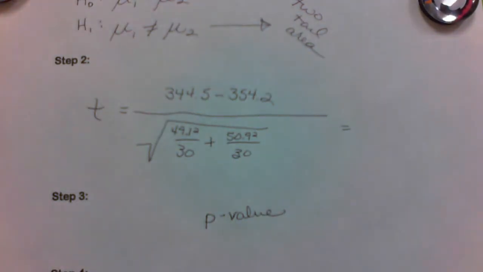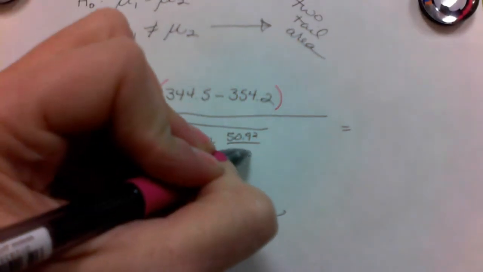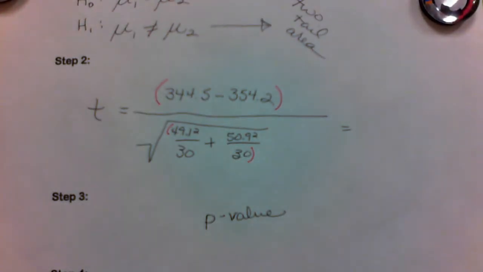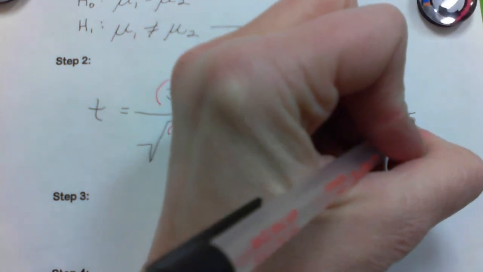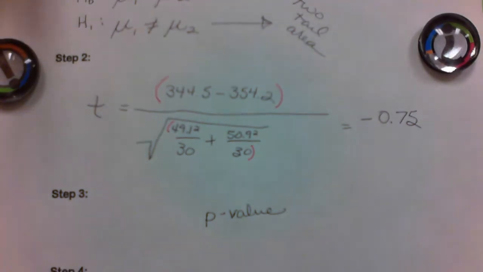So I'm going to put all of that into my calculator, and just be very aware of where you put your parentheses in your calculator, and then you will calculate negative 0.75. So negative 0.75 is my test statistic.